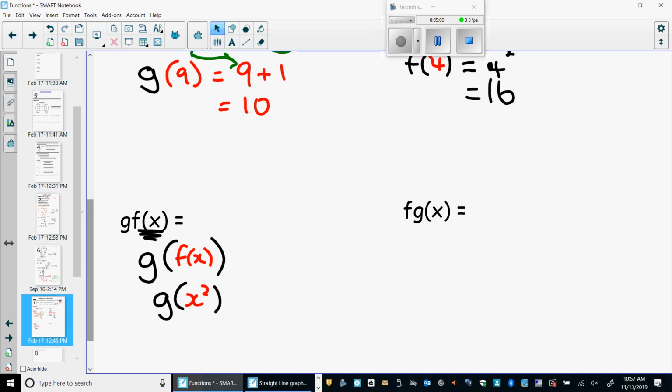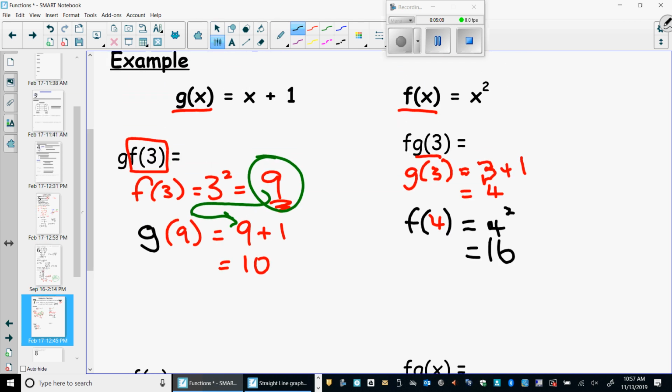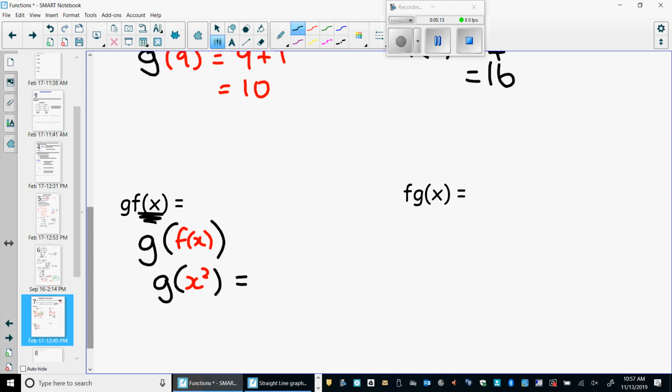That means that wherever we see an x in our original function for g, we're now going to write x squared. So it's going to be x squared plus 1. Our final step is always to look at that and see if we can simplify it in any way or expand anything. Can we do anything with that? No, so we would just leave it as it is.